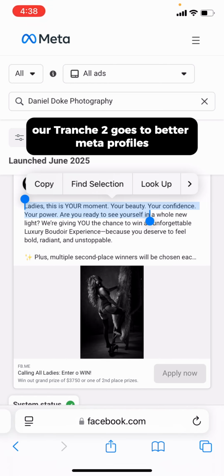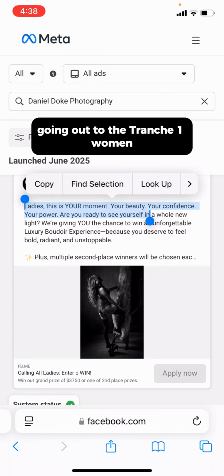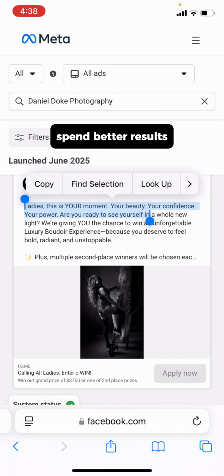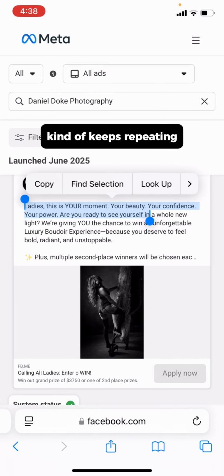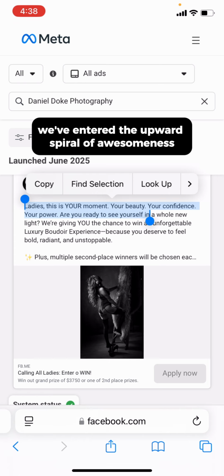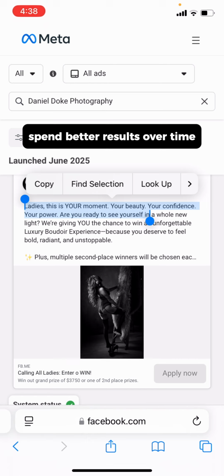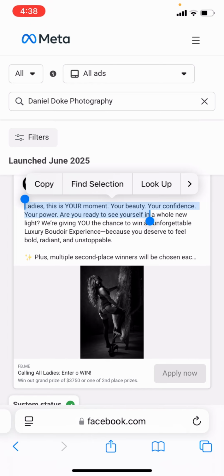Our tranche 2 goes to better meta profiles based off of our initial data metrics and results for our ad going out to the tranche 1 women. Same ad, same ad spend for tranche 2, better results. The ad sustains and scales, and keeps repeating. We've entered the upward spiral of awesomeness, and we just get the same ad spend, better results over time. The ad sustains and scales. Scale the business.